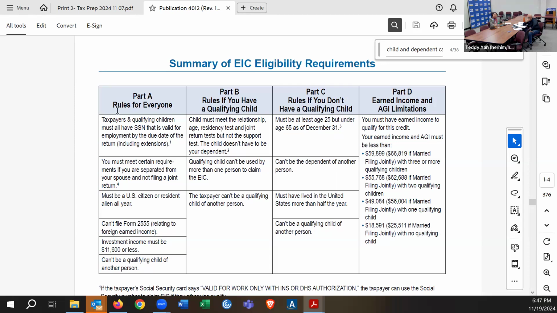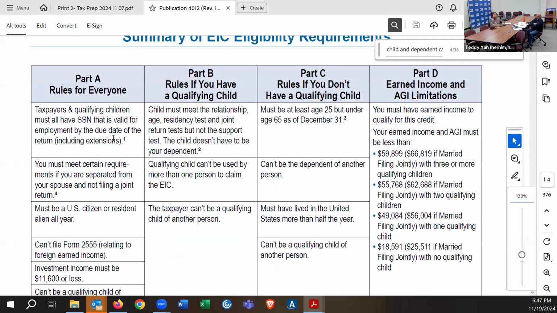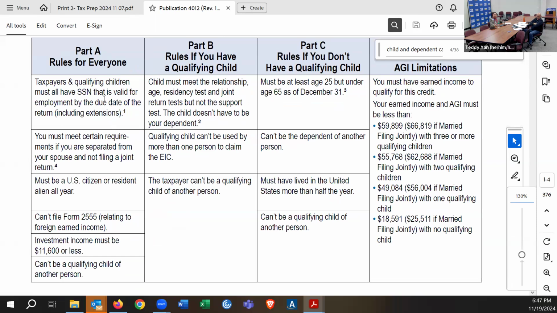So we start with most of these multi-column charts, you always start in the upper left. So, rules for everyone. Do Kat and Dottie, if Dottie is a qualifying child, both have Social Security numbers valid for employment? Yes.